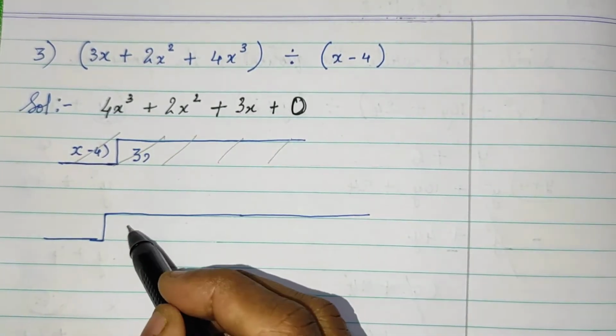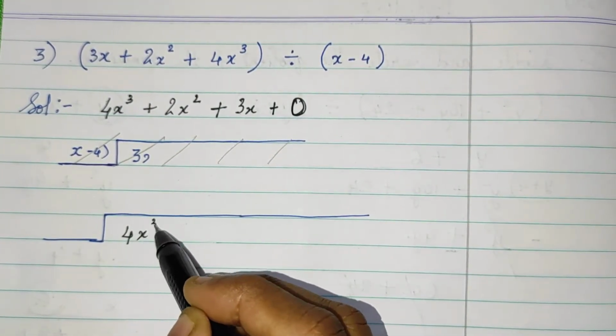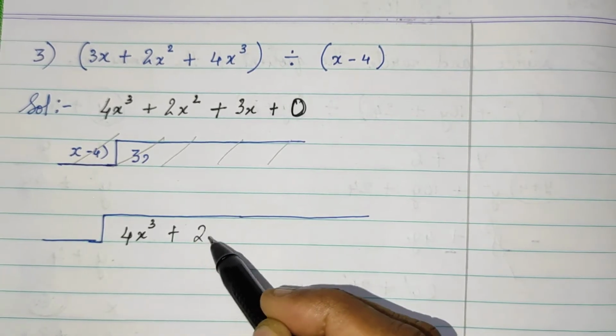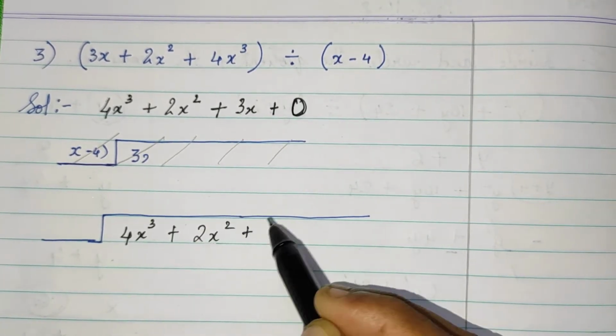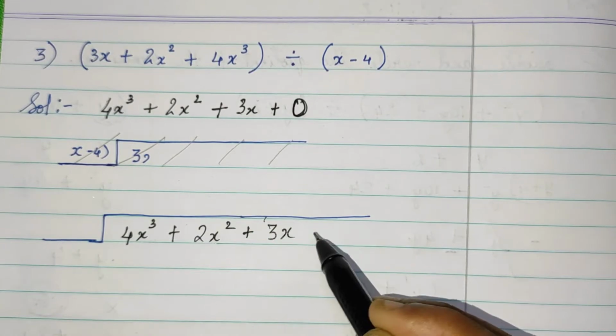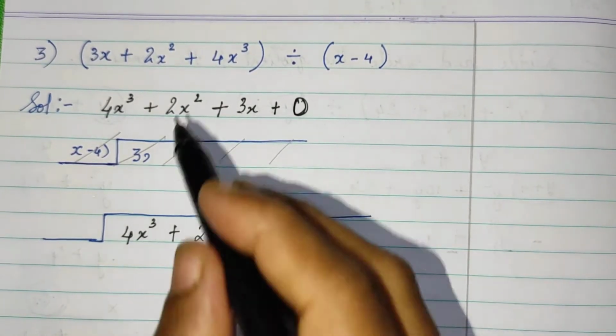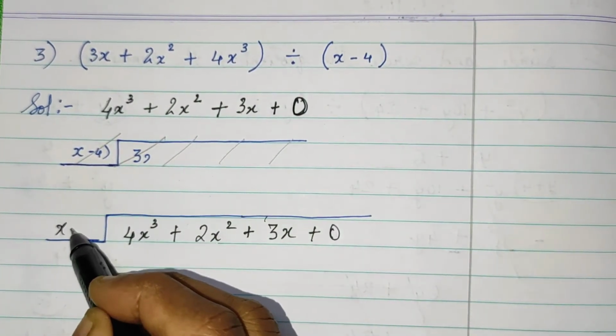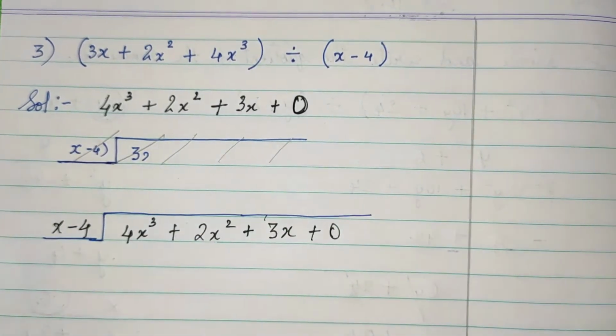Now copy this question over here: 4x cubed plus 2x squared plus 3x plus 0, and the divisor here is x minus 4.